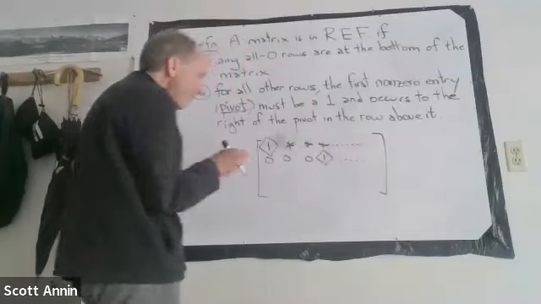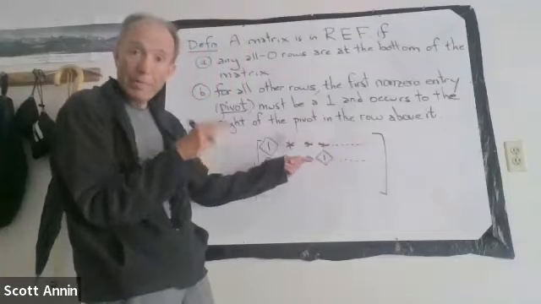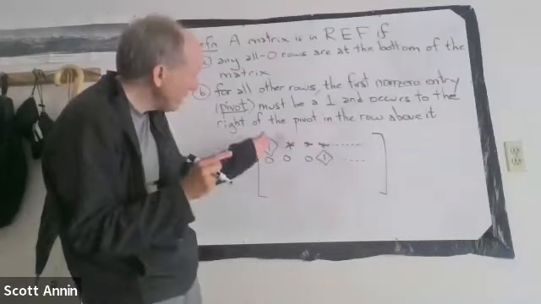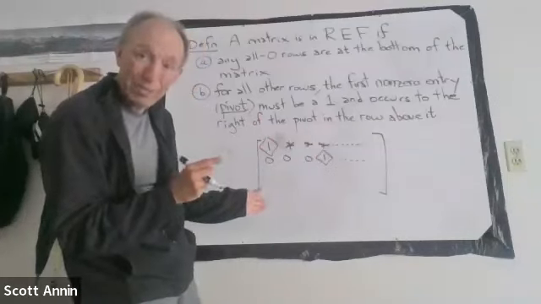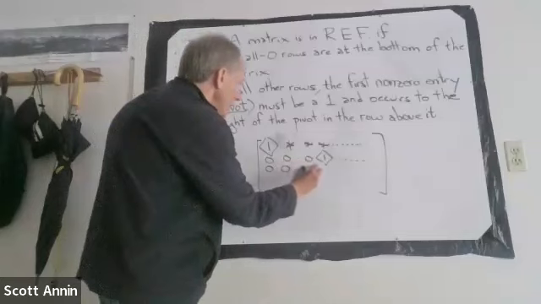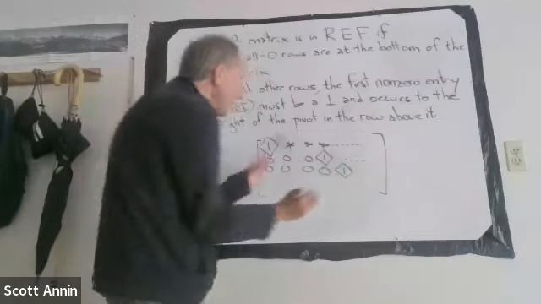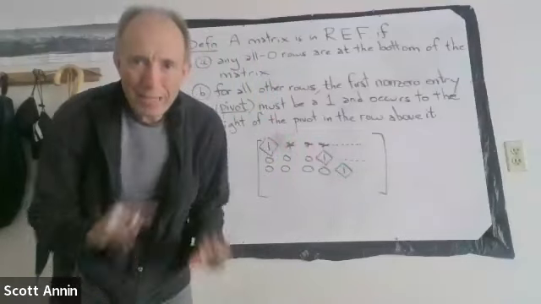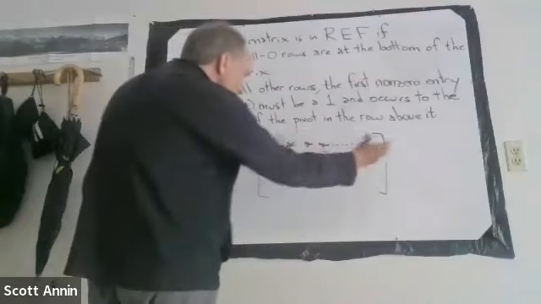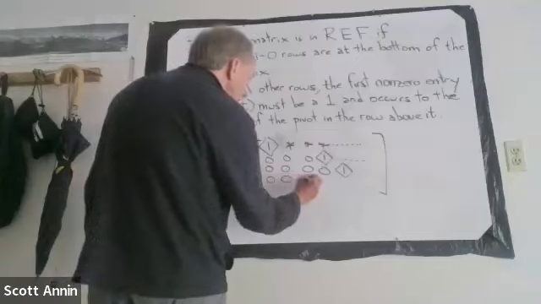So that means you have to have zeros. This is actually the key: you have to have zeros below your pivots. In the next row, the pivots would have to go even further to the right. Not every column has to have a pivot. That's okay. But those pivots do need to generally trend down and to the right.